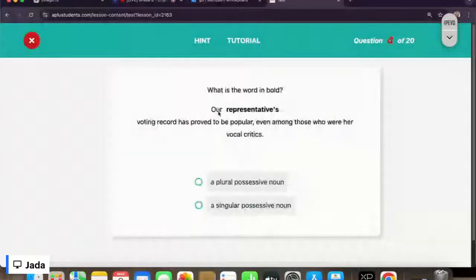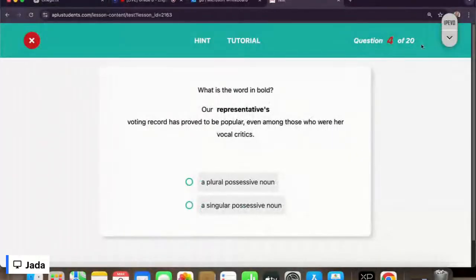Then: Our representative's voting record has proved to be popular even among those who were her vocal critics.